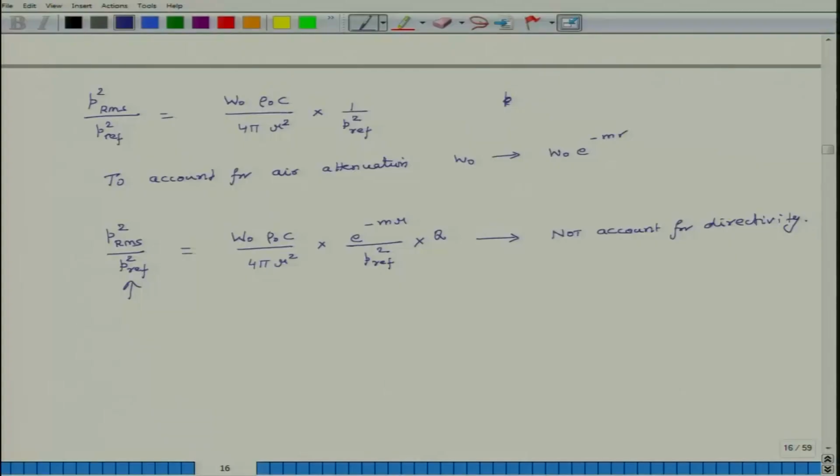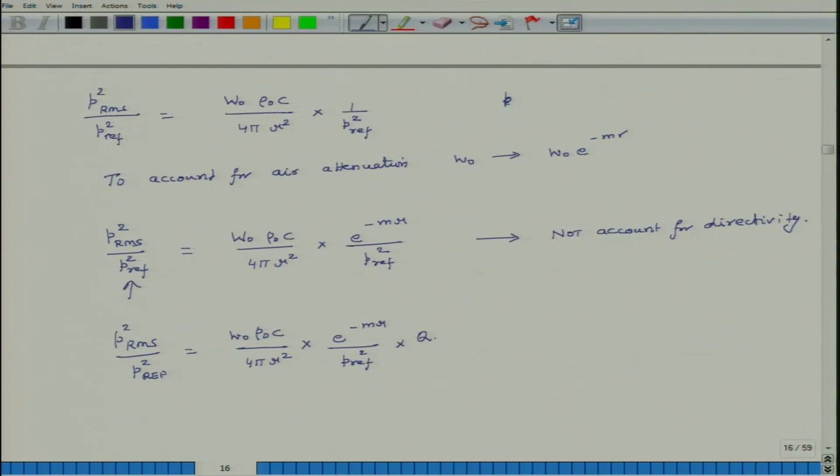So, to account for directionality, I have to just multiply by Q.